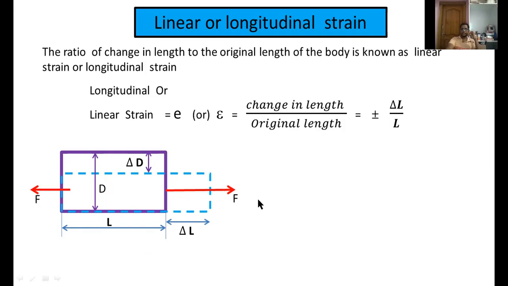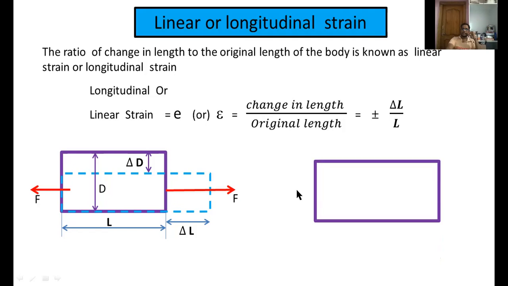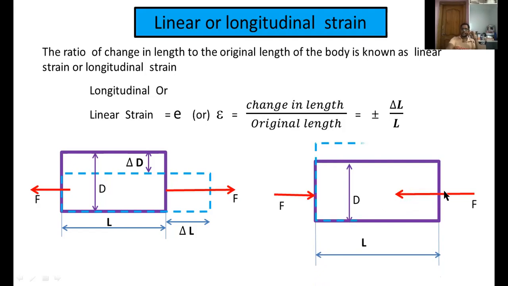Similarly, if you are considering compressive loads like this, when you are applying compressive loads, the diameter of the bar increases and the length of the bar decreases. Delta L is the change in length or compressed length.